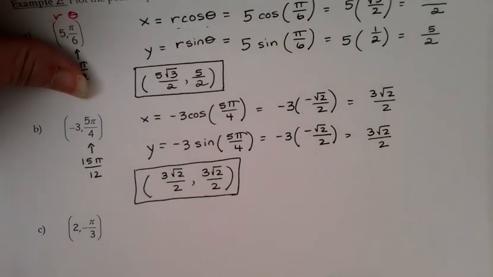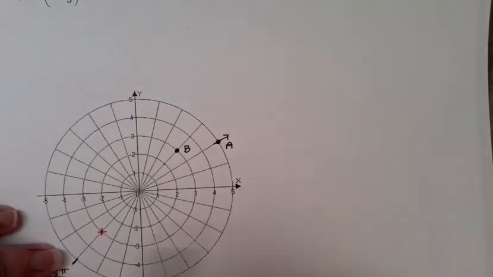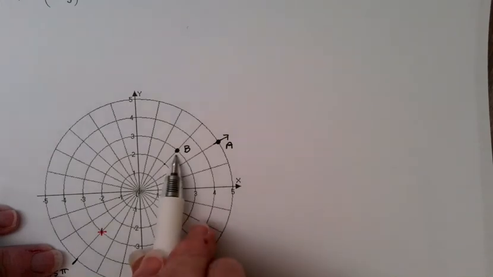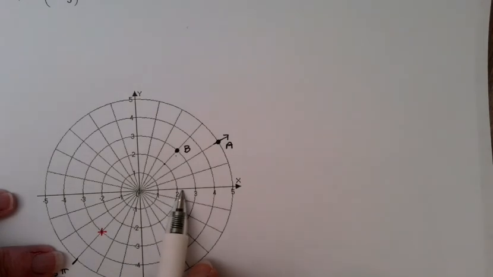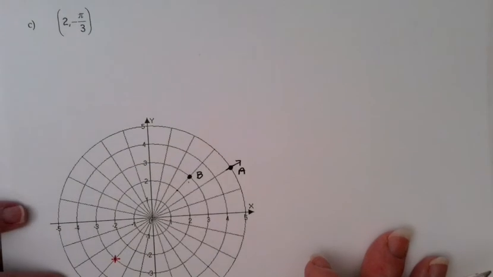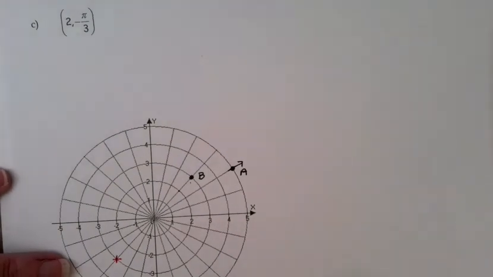And again, just a reminder of what this is saying. It's saying that if we wanted to locate this point B in the rectangular coordinates, I would go over 3 square root 2 over 2, and then up 3 square root 2 over 2. All right, we've got one more. C is the point 2, negative pi thirds.